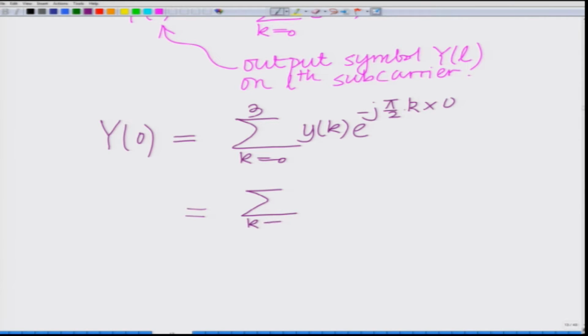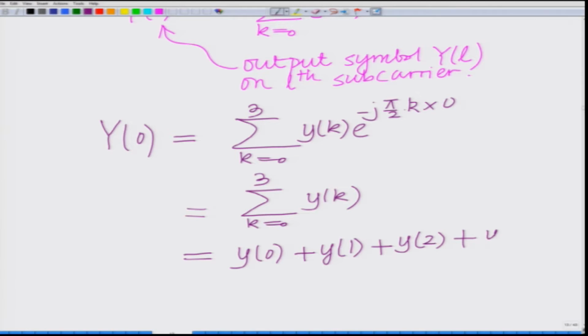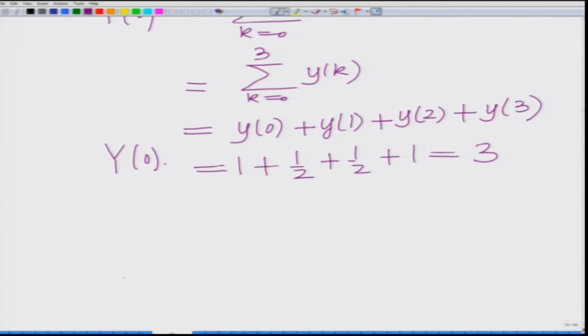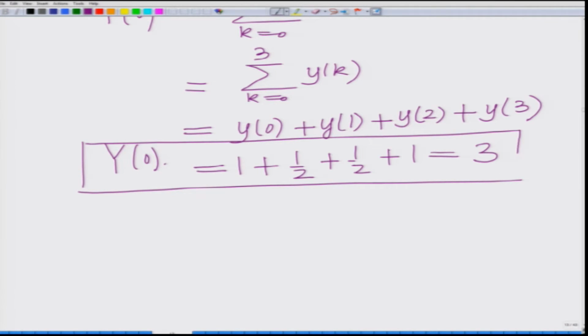So, this is simply summation k equal to 0 to 3 of yk, which is y0 plus y1 plus y2 plus y3, equal to 1 plus half plus half plus 1 equals 3. So, we have capital Y0, the received symbol on subcarrier 0, equal to 3.